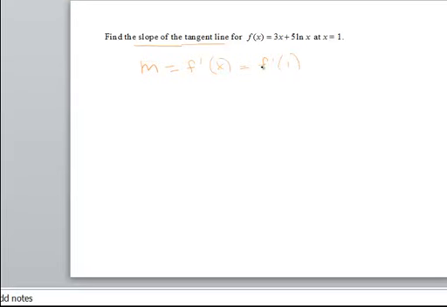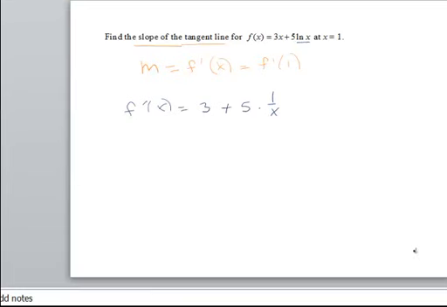Okay. So now we have to take the derivative of this new function. So f prime of x is equal to, the derivative of 3x is 3, and then how about 5 natural log of x? We've got 5 times, and then the derivative of the natural log of x is 1 over x. Okay.